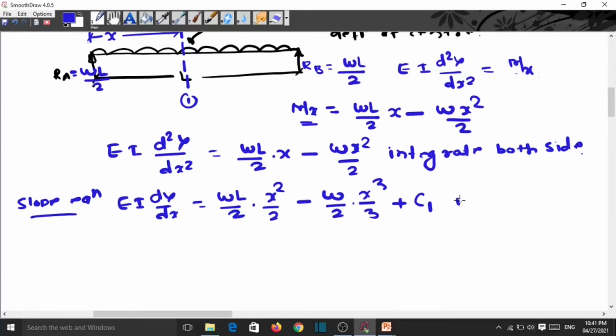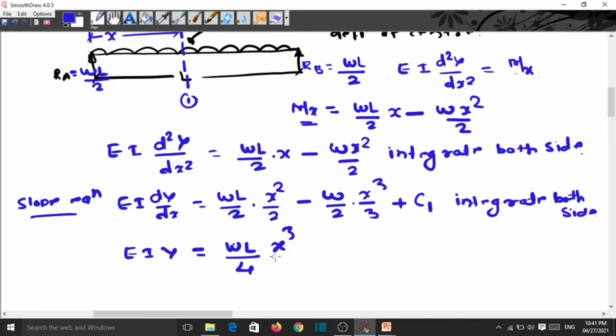Again integrate both sides. So this becomes EI y is equal to WL by 4 into 2 into x cube by 3, then minus W by 6 into x raised to power 4 by 4, plus C1 into x, plus one more constant of integration.